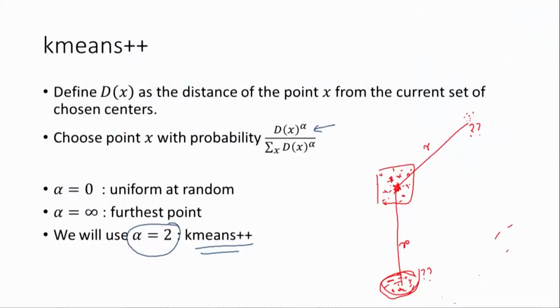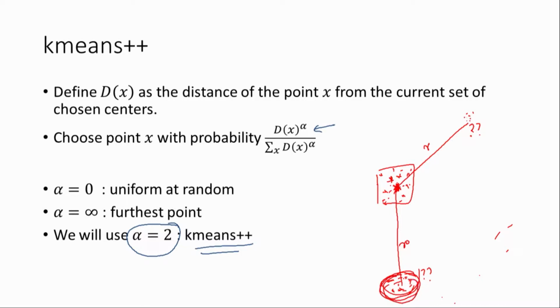From this blob or from these outliers? Let's say all these points are more or less at distance r from the first center.